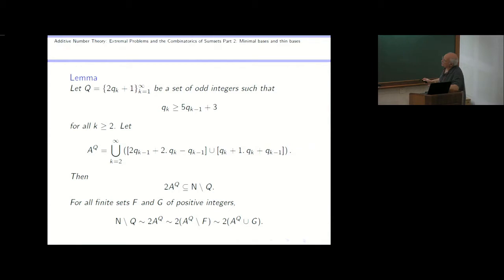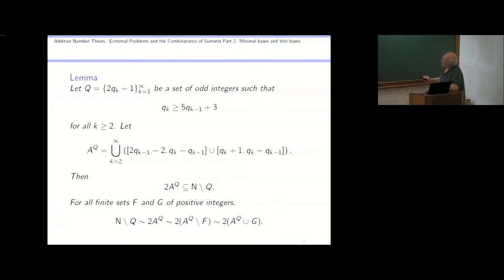See, I don't want to be able to get a number of the form 2q_k plus 1. So this interval starts at 2q_{k-1} plus 2 up to this, which is less than q_k. This is a little bit bigger than q_k. It's a small interval. This is a very big interval. This is a small interval, q_k plus 1 up to q_k plus q_{k-1}.